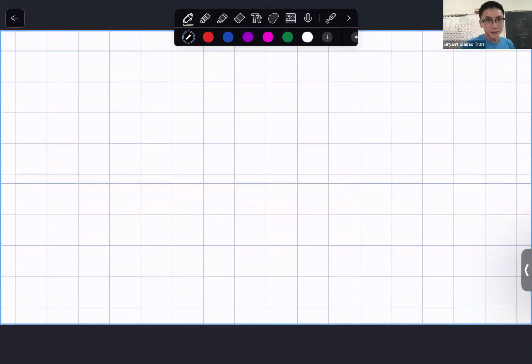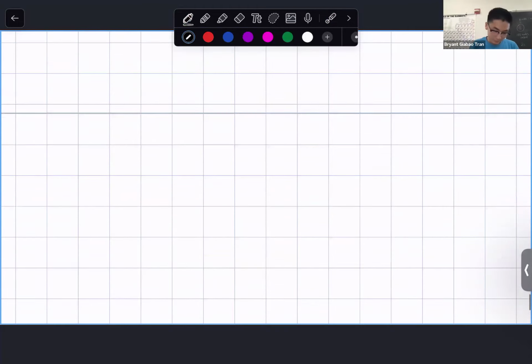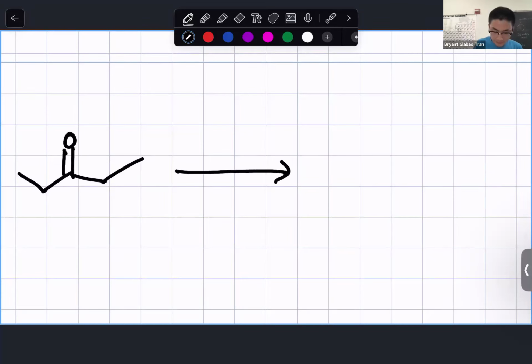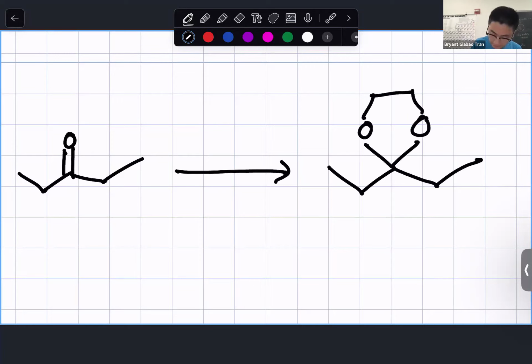So let's start with a carbonyl like this. The protecting group is going to convert that carbonyl into this group here. Have you guys seen that before? Does that look familiar?